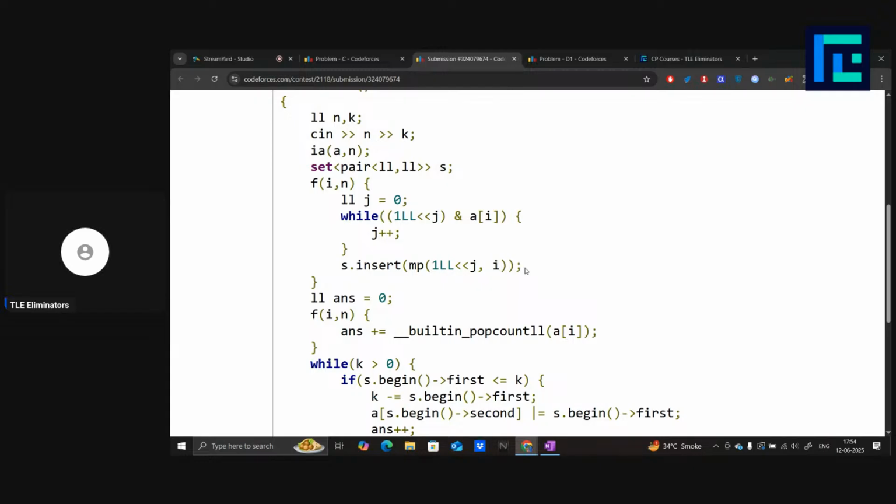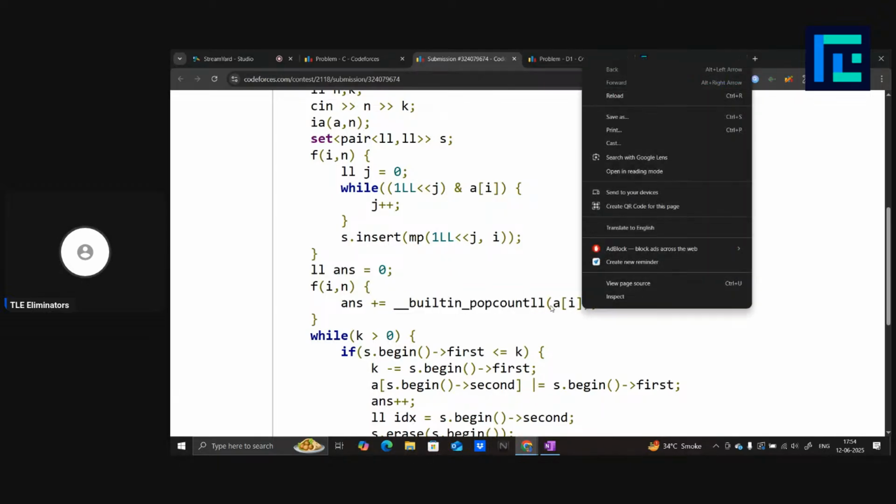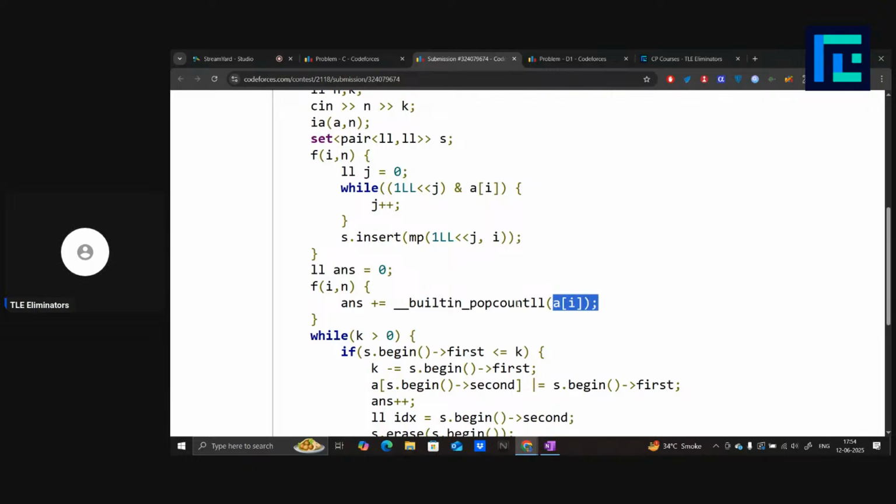And then the initial count of the number of ones, I'll just calculate in total how many ones I have in my array. This function just counts the number of ones in your array element. I'll add them up in my ans variable.